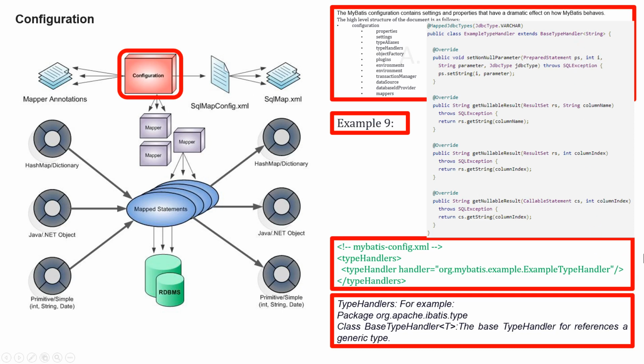Whenever MyBatis sets a parameter on a PreparedStatement, or retrieves a value from a ResultSet, a TypeHandler is used to retrieve the value in a means appropriate to the Java type.